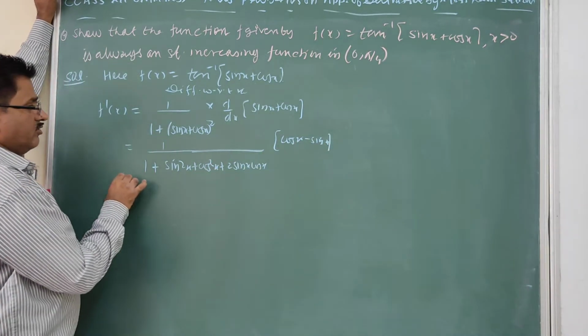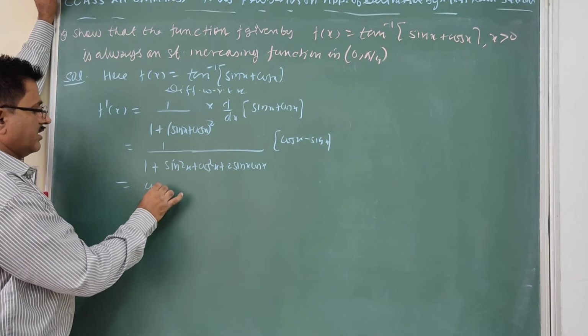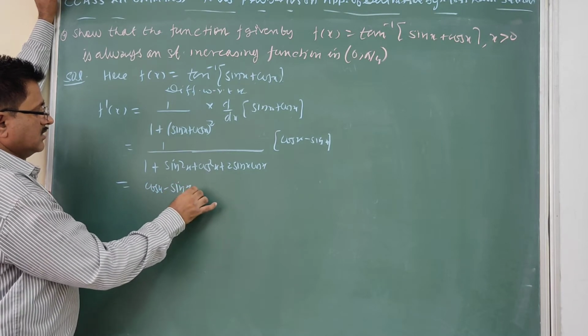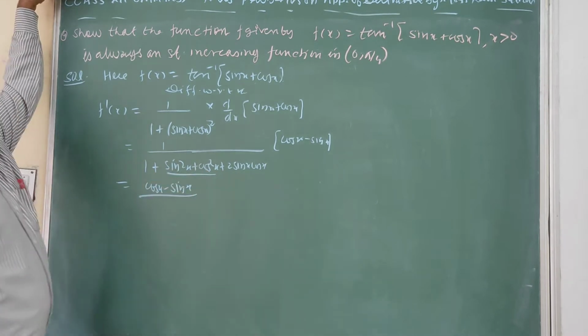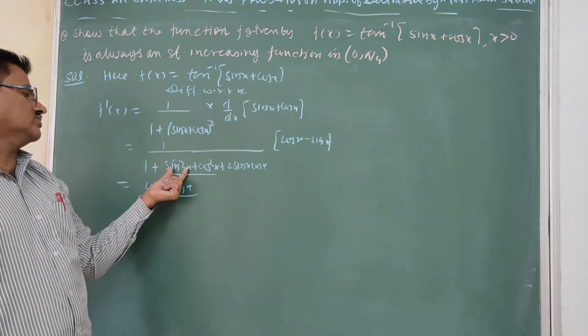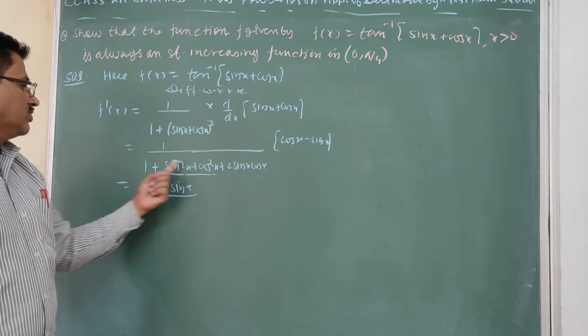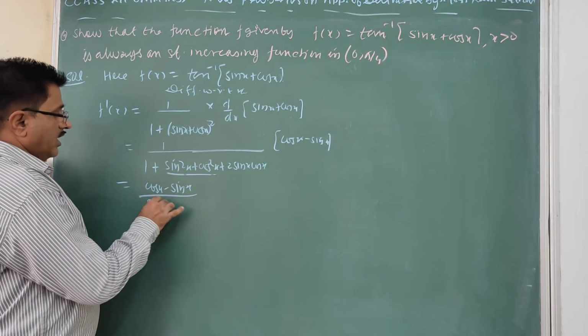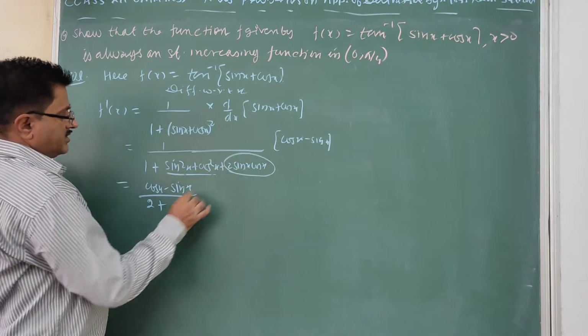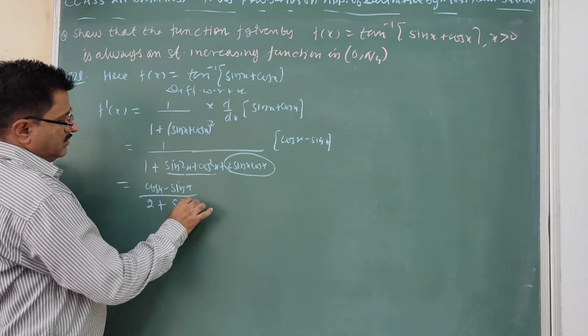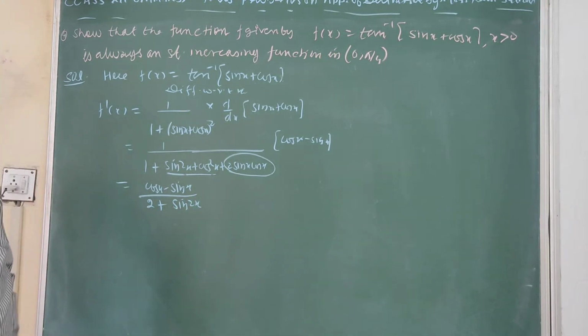So we get the numerator as cos x minus sine x. Now in the denominator, using the identity sine square x plus cos square x equal to 1, this 1 plus 1 is 2, and this is the formula of sine 2x. So 2 plus sine 2x.